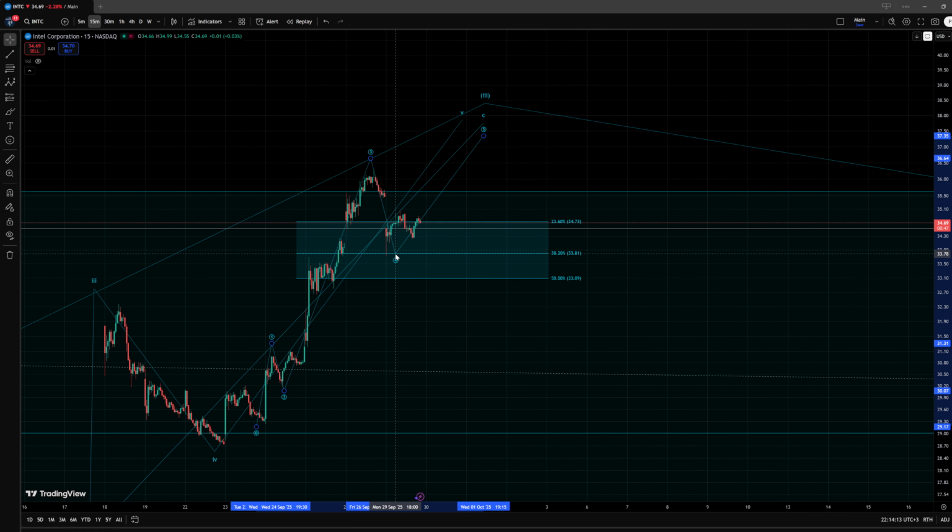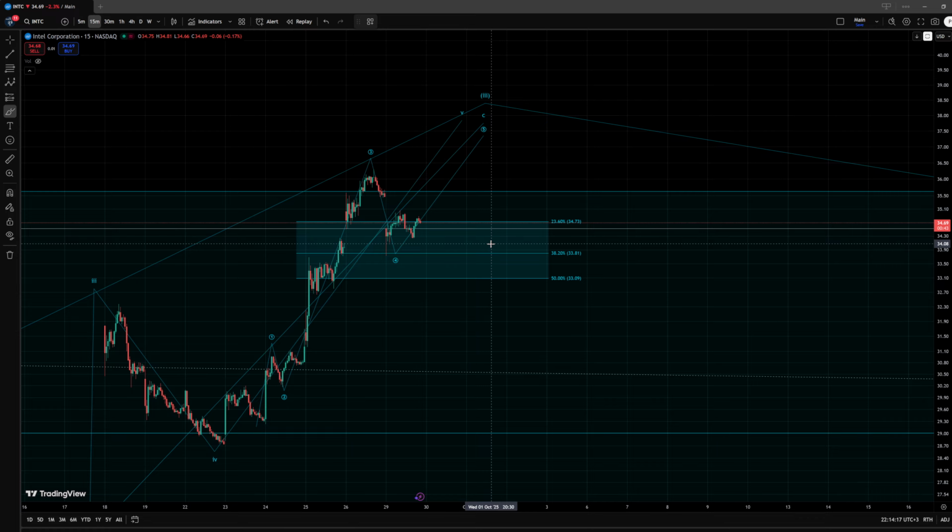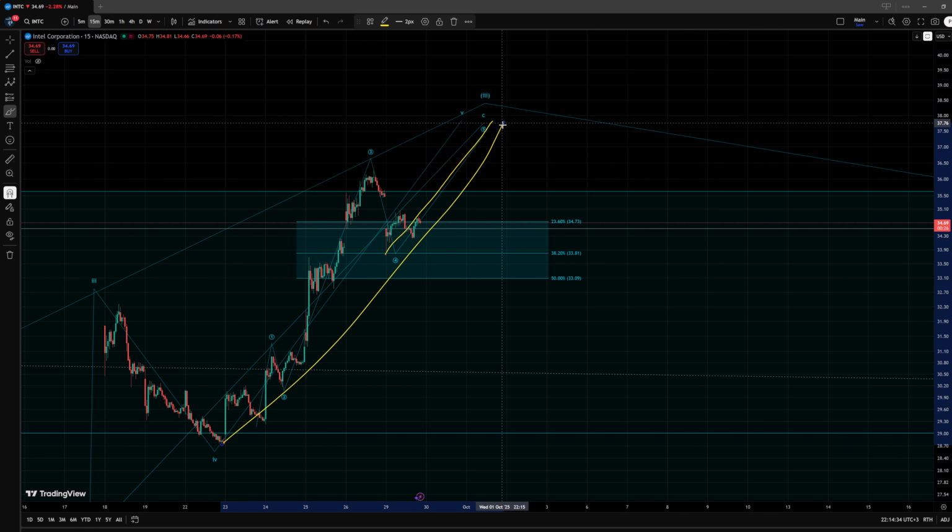Now we have reached the 38.2% retracement in this wave 4, and that is the ideal target for a wave 4. Technically, we could have even completed the correction and we could already be in the fifth wave to the upside. But in this case, I want to mention that a break below the $33 level is not a complete invalidation point for the continuation to the upside within this fifth wave.